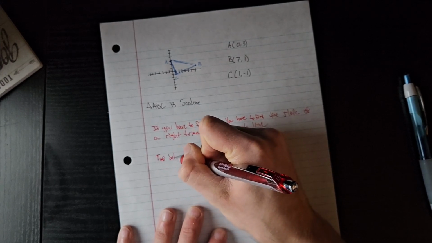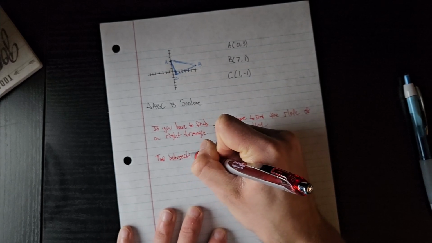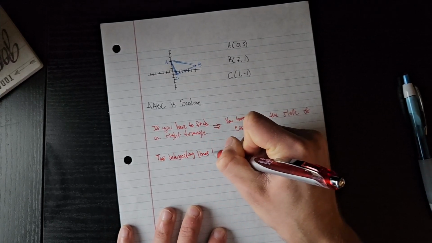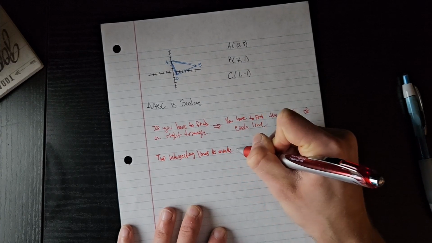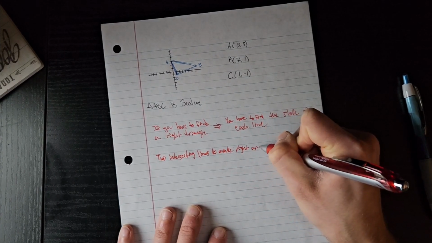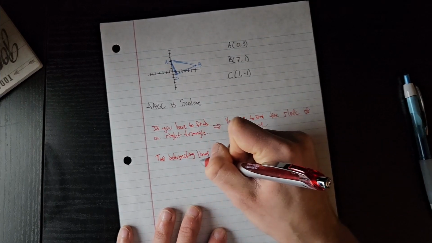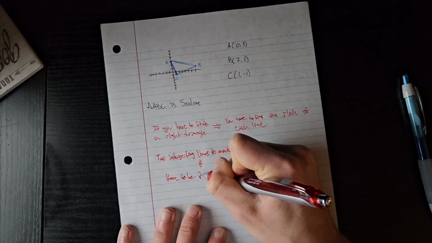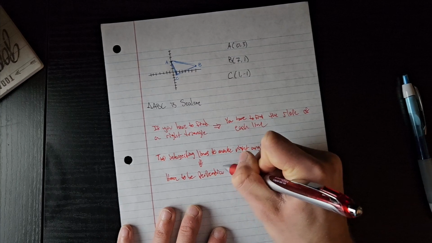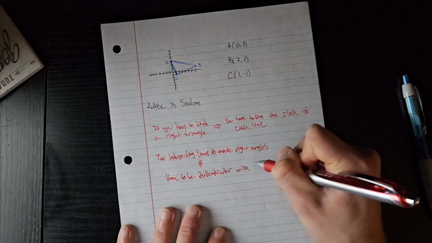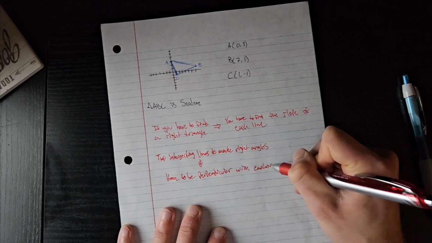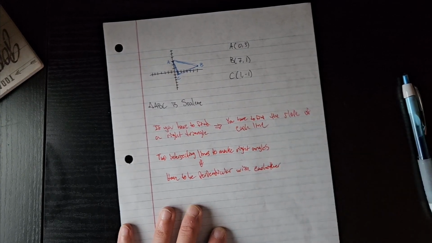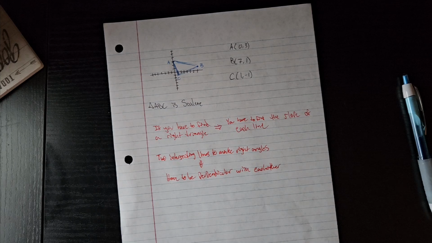Remember, two intersecting lines to make right angles have to be perpendicular with each other. Remember that from Unit 3 with perpendicular lines. If we have two lines that are perpendicular to each other, they create a right angle.